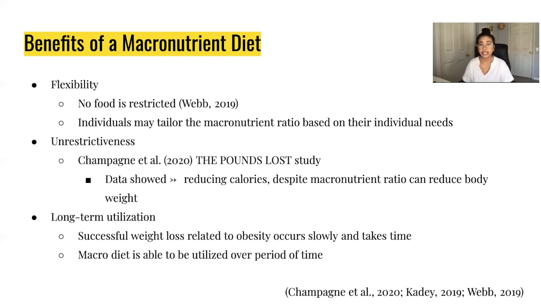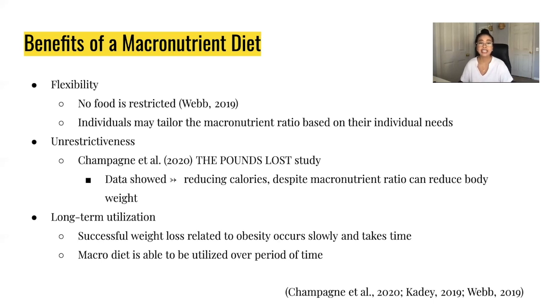So in 2020, Champagne et al. conducted a randomized clinical trial over a 2-year period. And what the study investigated was the effects of 4 calorie restrictive diets of differing macronutrient ratios on weight loss in adults with obesity. So the participants in the study received one of 4 diets.